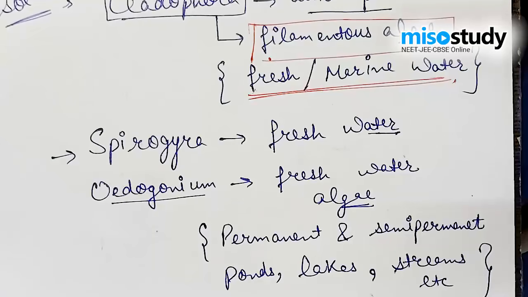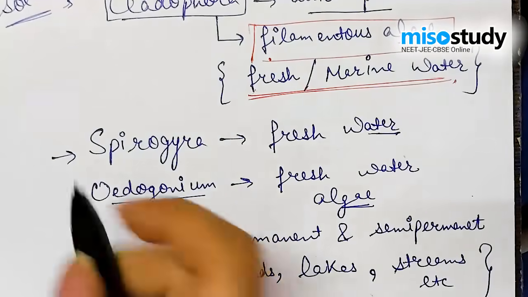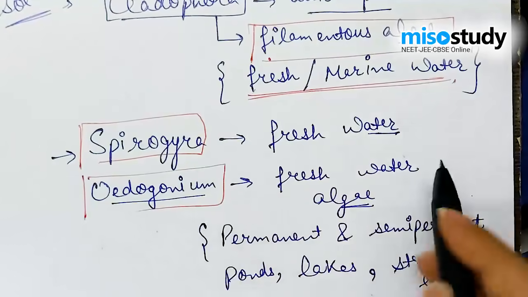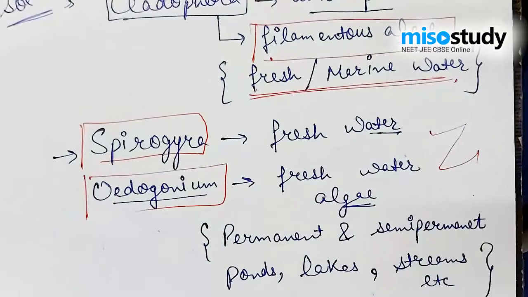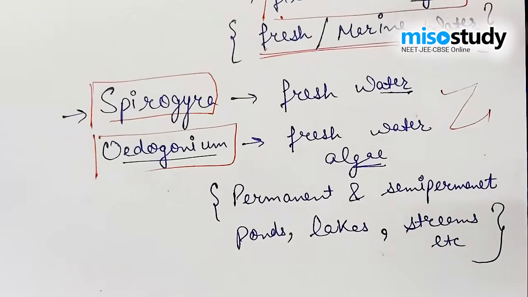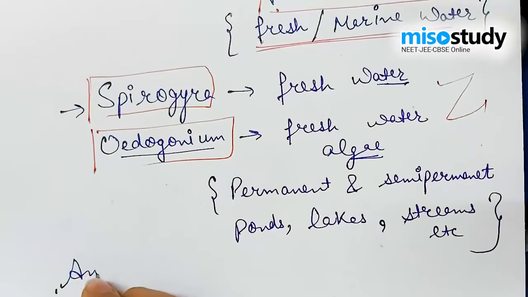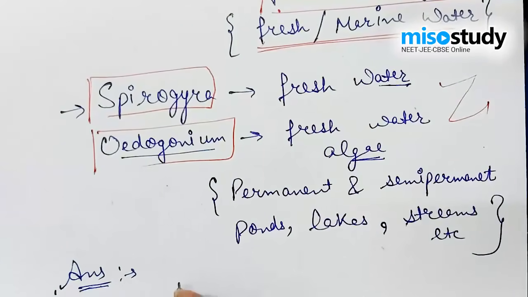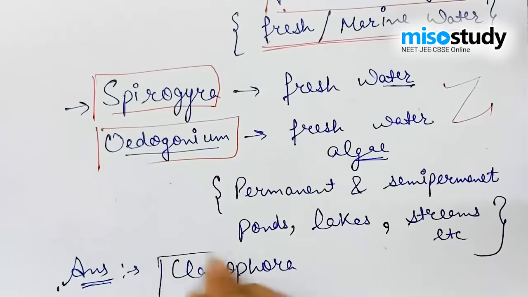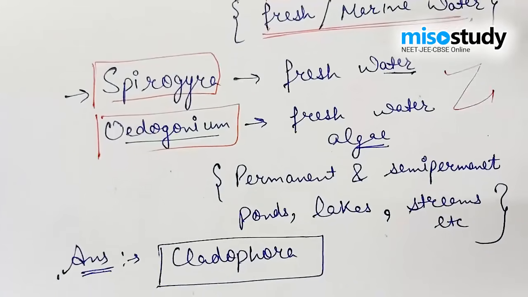So out of the options, Spirogyra and Oedogonium both are freshwater, but our question asks about the species that remain both in fresh and marine water. So after discussing, we got to know the right answer for this is Cladophora.